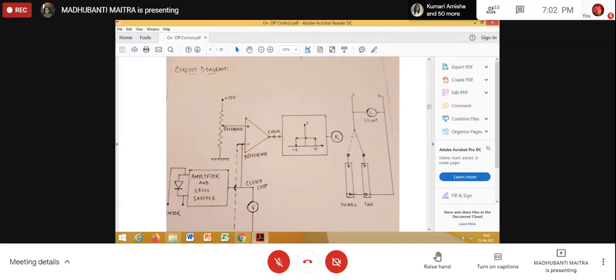The input is E. Along the x-axis we plot the error signal E, which is R minus C, right? And at the output of the Schmidt trigger, you see there are 2 levels. This is one level, this is the second level, right? So the output of the Schmidt trigger could either be 1 or 0. Is it clear?